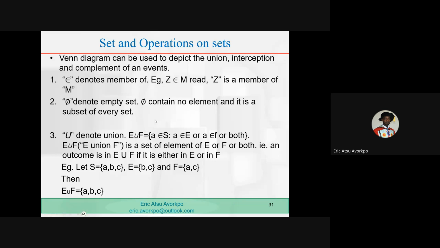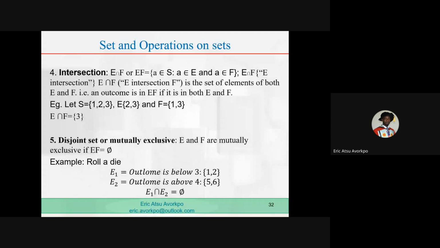If I list all of them, you can see that C is common to both of them, but you only list it once. And that C becomes what we call the next thing we will talk about, intersection.